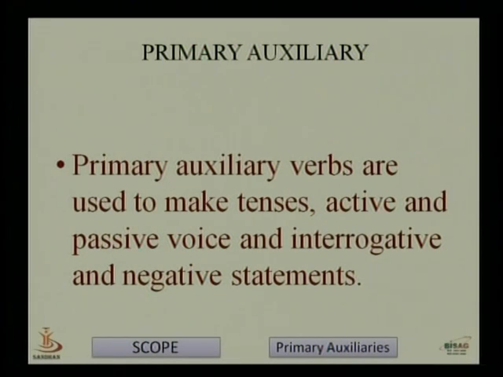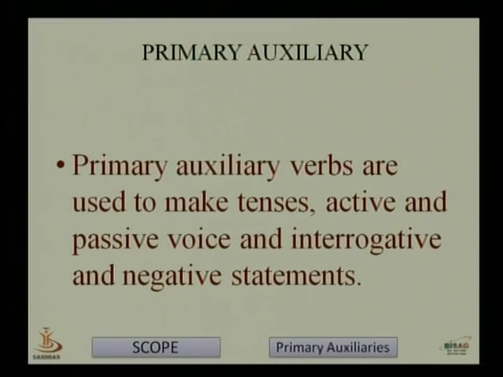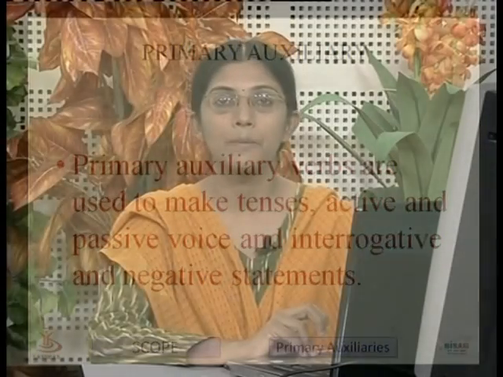What is a primary auxiliary verb? Well, primary auxiliary verbs are used to make tenses, active and passive voice, and negative and interrogative statements. These are the four functions served by the primary auxiliary verbs.